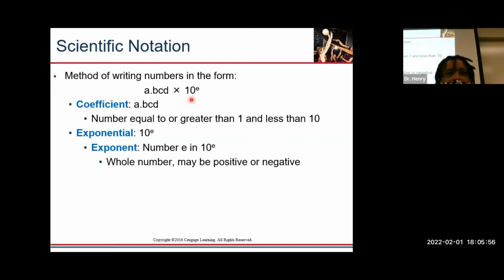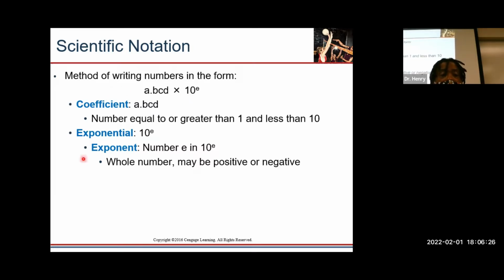Like for instance, if we had 0.00000000025, right? It sucks to sit there and write all of those zeros. That takes a lot of time. I don't have a lot of time to be writing all those zeros. I need to find a way of writing it very, very fast, right?